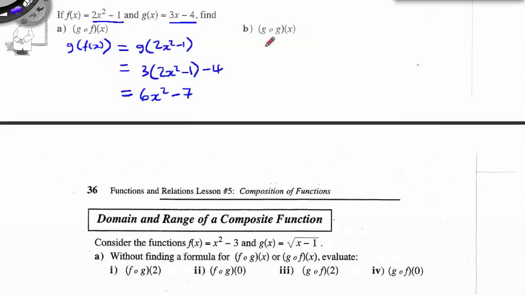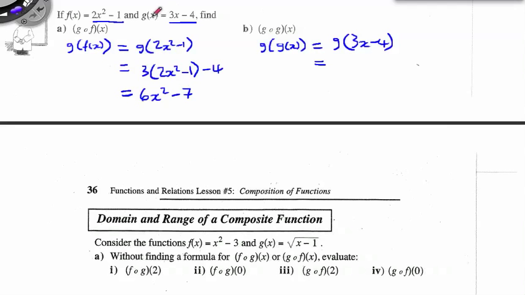Looking at this, this is really g of g of x. In other words, they're applying the function twice. Okay, we'll take g of x. Now g of x is 3x minus 4. And now we are going to use that as our input value for g.